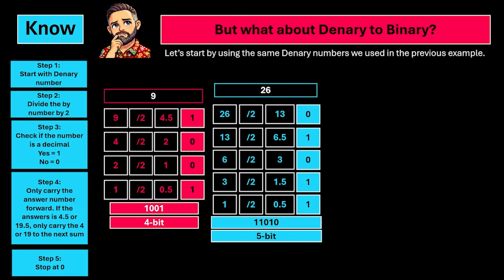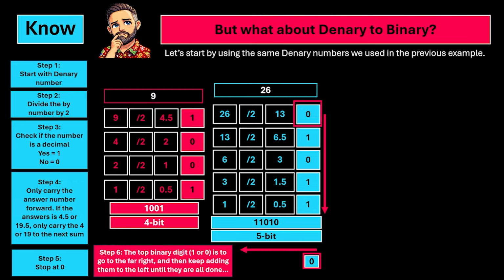That leaves us with a 5-bit piece of binary. And I want you to take a special note here that we start with the highest value on the right hand side, and then we work down the list, writing from right to left in this direction.